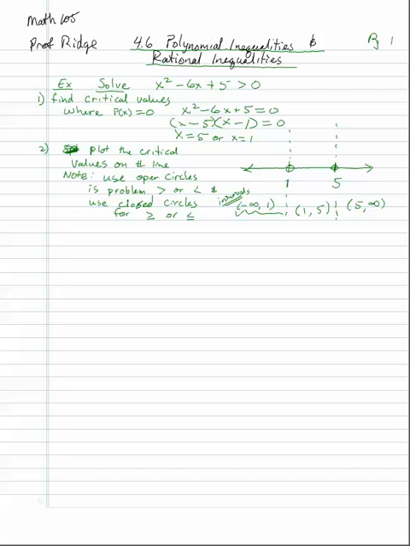Now, there are 3 methods we can use here. We can do what's called the test point method. We can pick a point from each interval and see if it's true or false. If it's true, every point in that interval will be true. If it's false, every point in that interval is false. Or we can analyze the sign, which is the sign method.